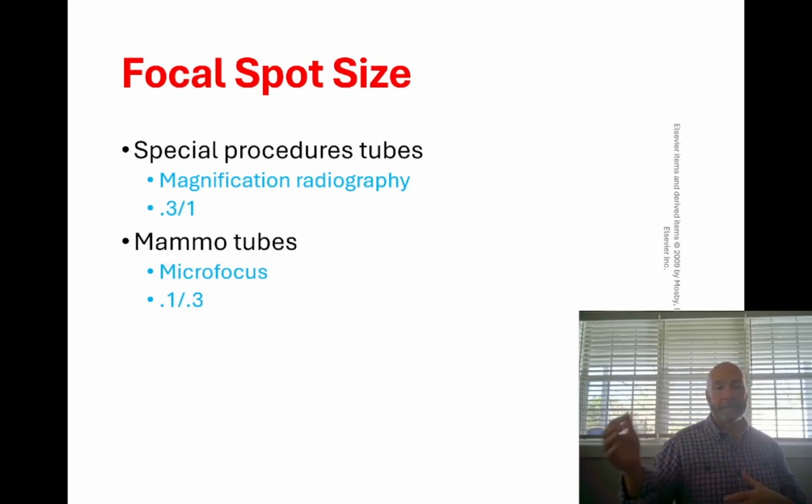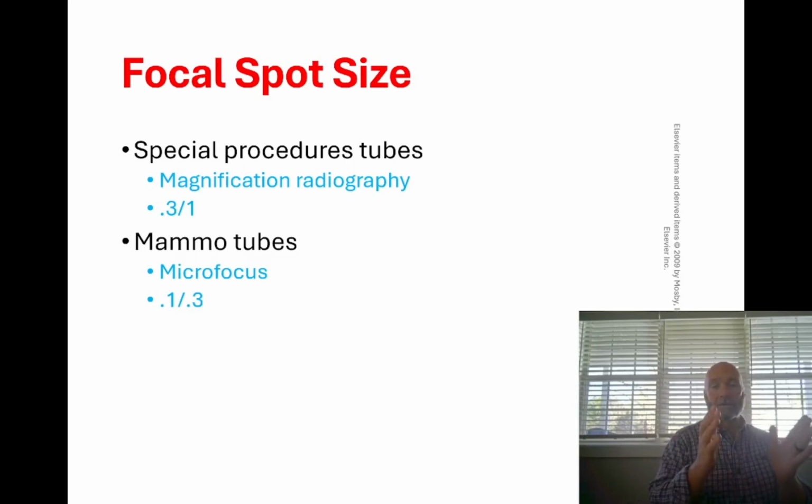One is SID, and that's the one we use and talk about the most. The other is OID. OID is the distance between the image receptor and the object itself. So how we used to get magnification in special procedures was by increasing the OID. It was an intentional increase in OID to give us magnification.